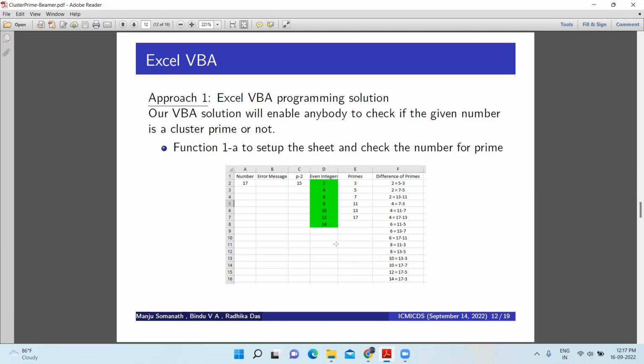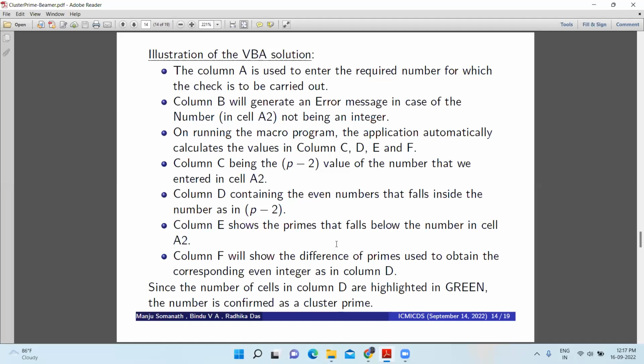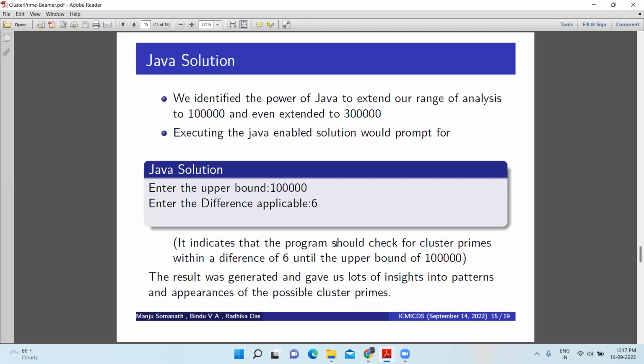This is an example for a cluster prime, and this is an example for a non-cluster prime, because 97 is not a cluster prime. After 89, the next prime number is 97, whose difference is 8, and 97 minus 8 gives a number which cannot be expressed as the difference of 2 primes. And this is the procedure using Visual Basic application in Excel.